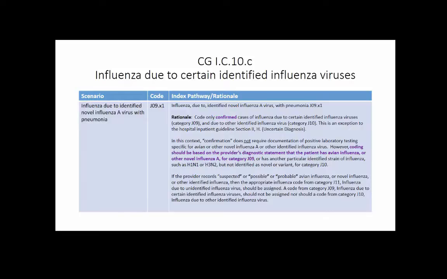Only confirmed cases of this type of virus are coded. And then I go into some of the rationale here on the right. Be sure that when you're reviewing these podcasts, you're really reading through the rationale. I don't put it there for my benefit. I put it there for your benefit so you understand where the thinking is for why you would choose that code.